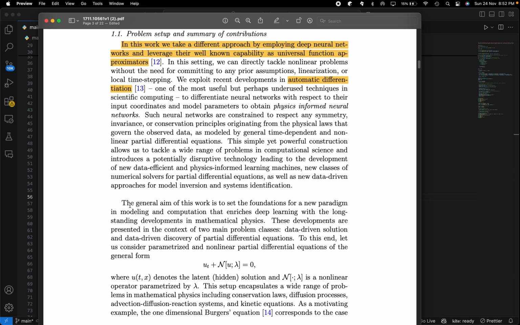Then you step through each of the nodes in that graph and calculate the derivatives in a backward pass kind of manner. That is automatic differentiation. It is very powerful when you do it computationally, and that's something PINNs try to exploit.